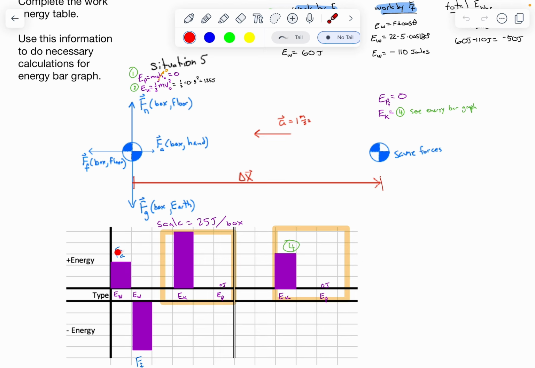So essentially combining these two together removes a total of 50 joules from the system. Notice my system here is now down 2 boxes because it's lost 50 joules of energy. So again, accounting for the ins and outs in a system, we just simply put them all together here to figure out what we're left with.